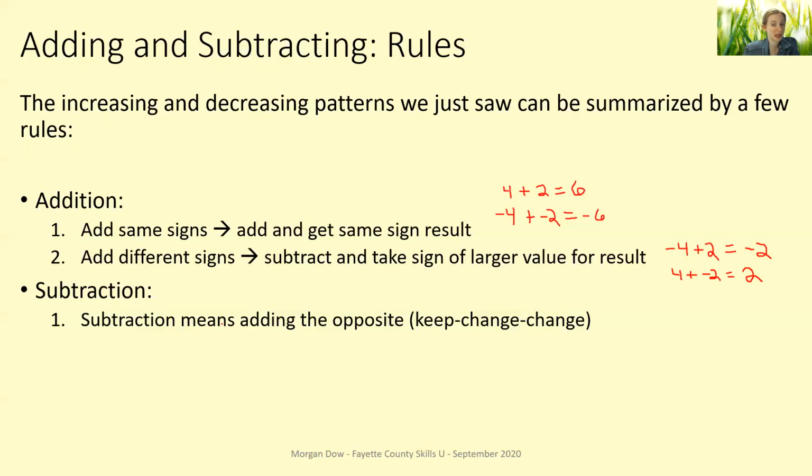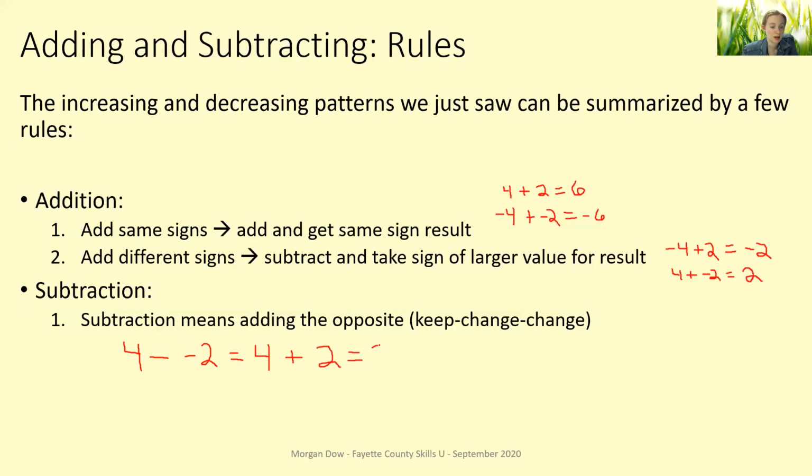So let's say we have 4 minus negative 2. We have this rule that subtraction means adding the opposite. So that means you keep your first number the same, you change subtraction to addition, and you change the second number to its opposite. So negative 2 will become positive 2.